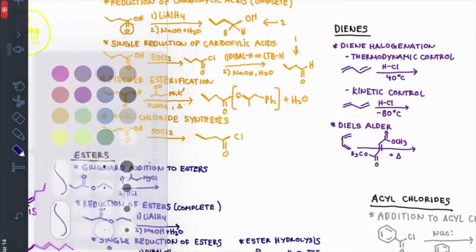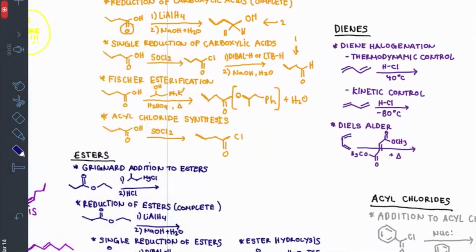Let's do the next section, which will be esters. So esters are pretty similar to carboxylic acids, and so let's go over them. The first reaction would be Grignard addition to esters. And so with Grignard addition to esters, this is a special case of Grignard addition where we are going to take that carbonyl, sorry, my bad.